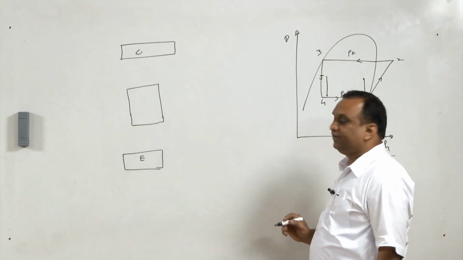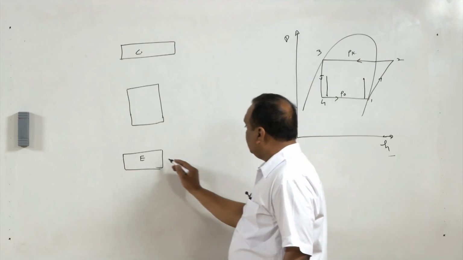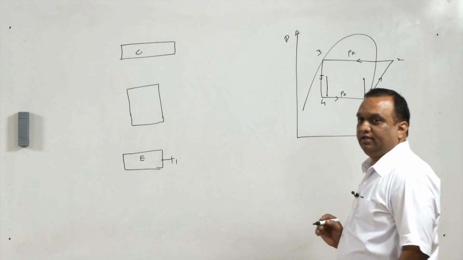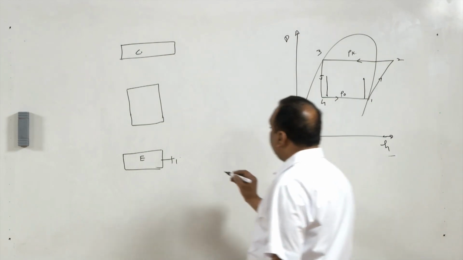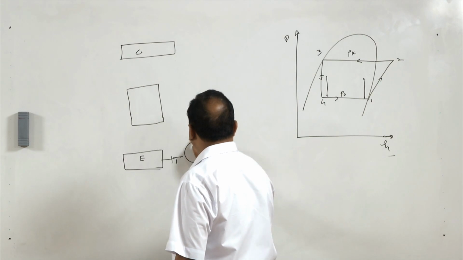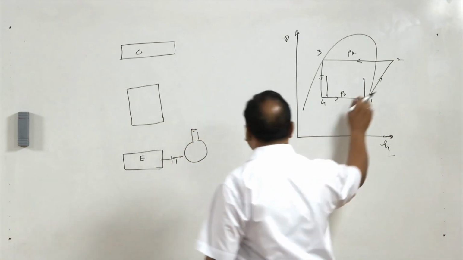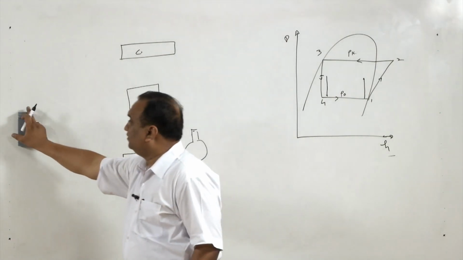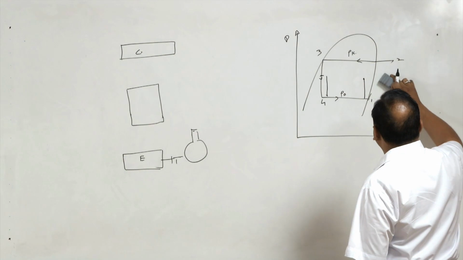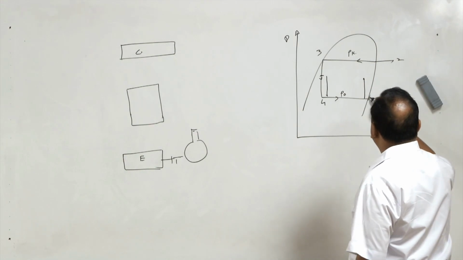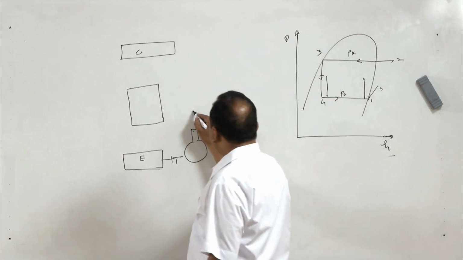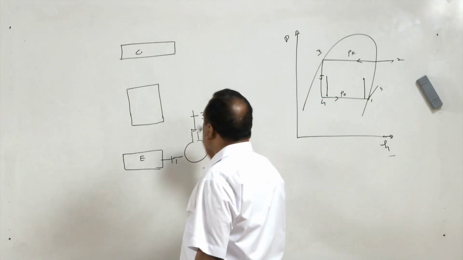Now, vapor emerging from the evaporator at state 1 will get compressed to state 2. Now, we will have a multi compression system. Let us say it is 3. So it is getting compressed and we are attaining state 3.